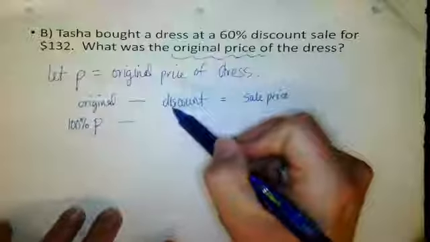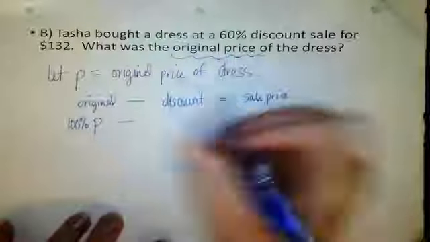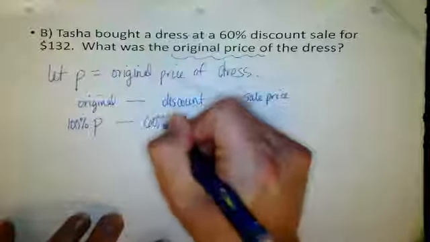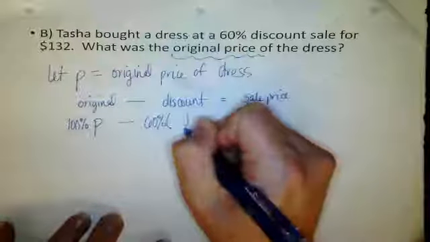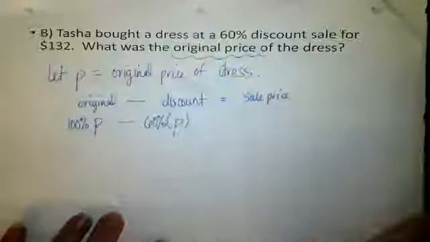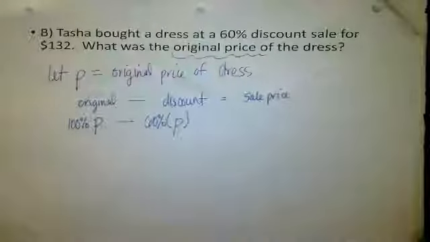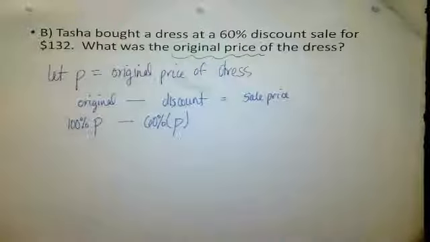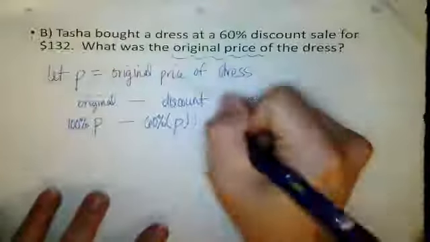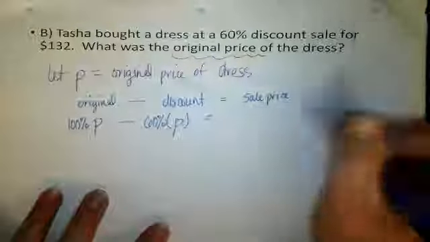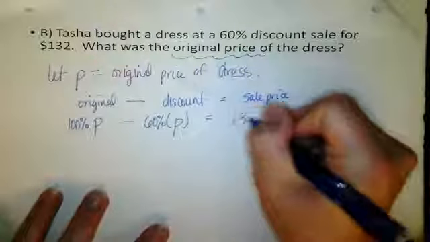Minus, what was our discount? It was 60% of what? That original price. It was 60% of the original price, and that's what we get to discount our cost by. And then we ended up paying $132.